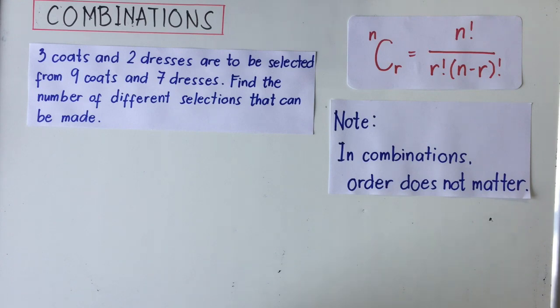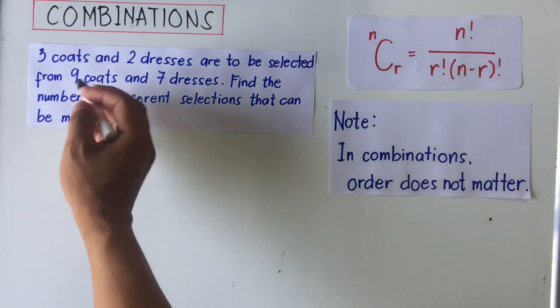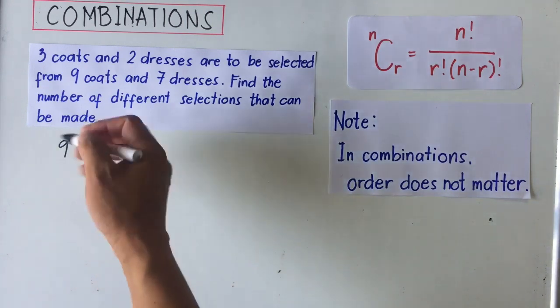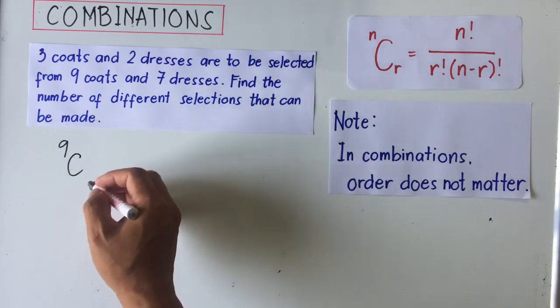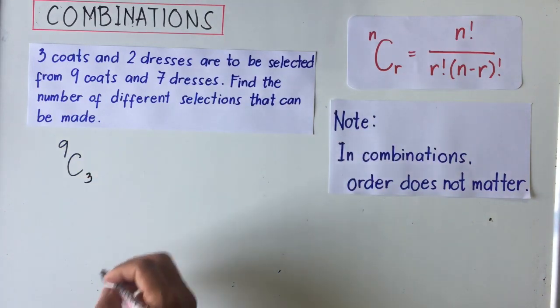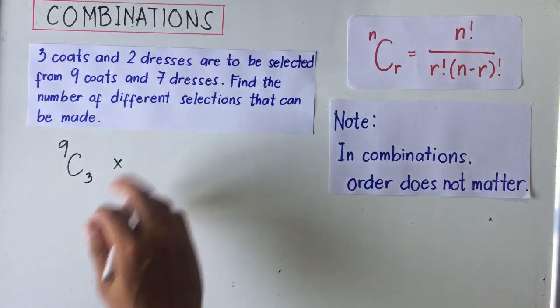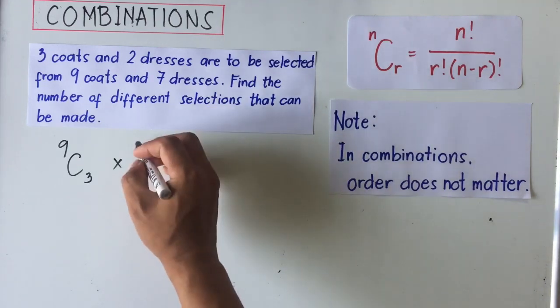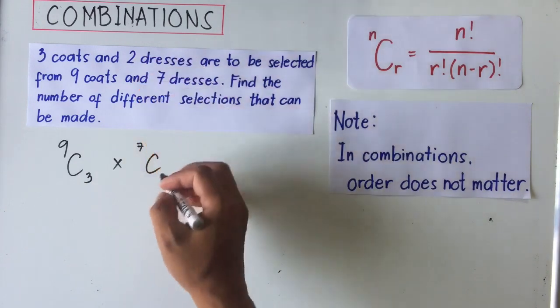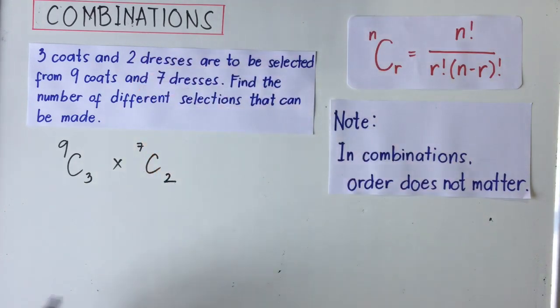Since there are 9 coats, n is 9, so 9C, and I need to select 3. Then multiply it with 7 dresses, 7C, and I need to select 2. So 9C3 times 7C2.